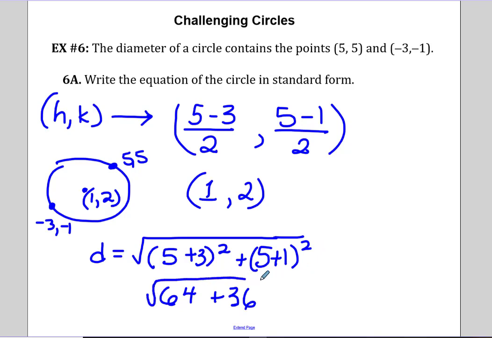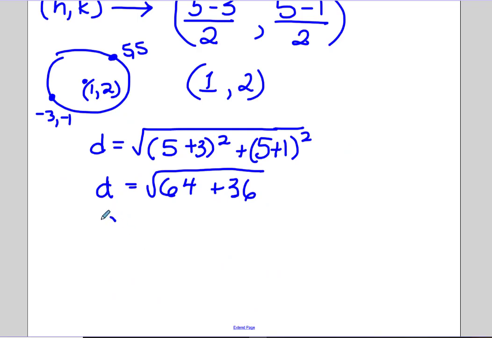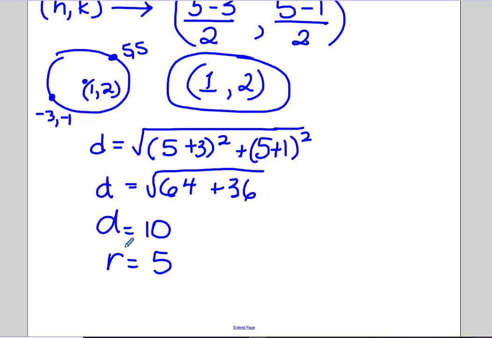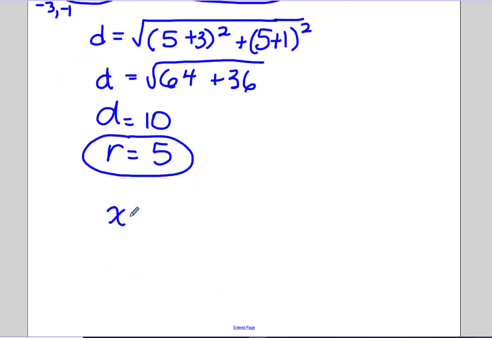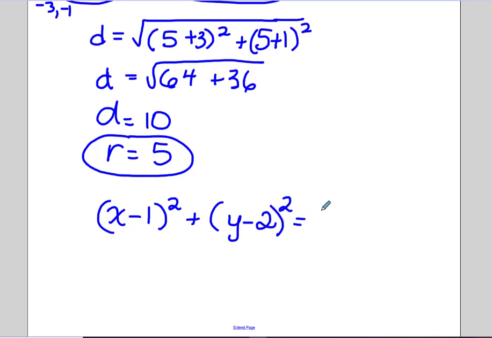So the square root of 100 is our distance, which makes the distance 10, and the radius is half of that, so the radius is 5. So putting all this together, if this is our center point and this is our radius, then we have (x minus 1) quantity squared plus (y minus 2) quantity squared is r squared.